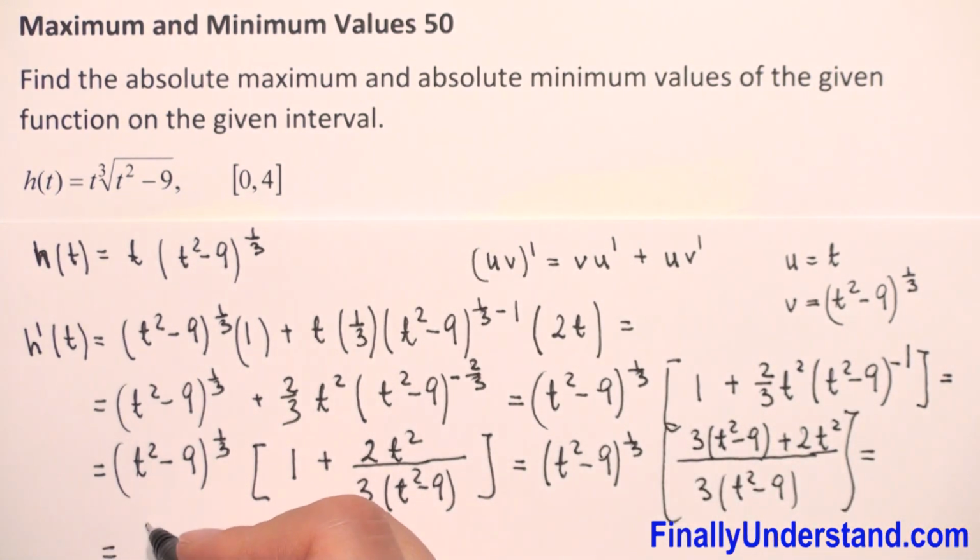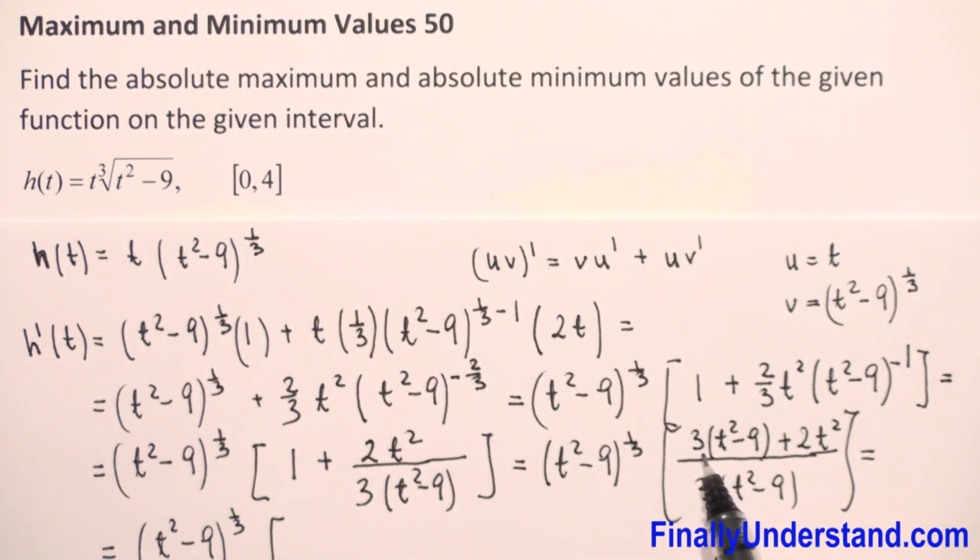This is equal to t squared minus 9 to the power 1/3, and in the numerator we will have 3 times t squared will be 3t squared, minus 3 times negative 9 is negative 27.